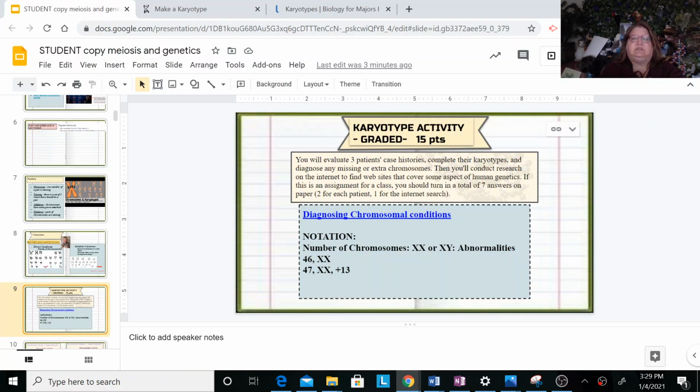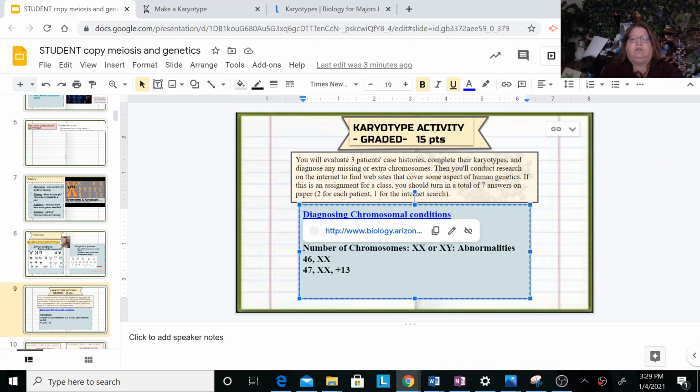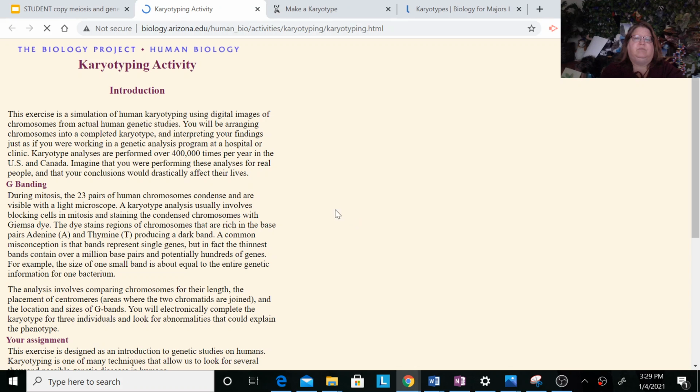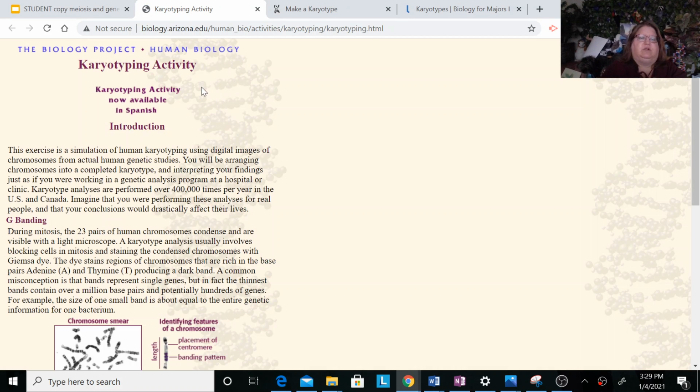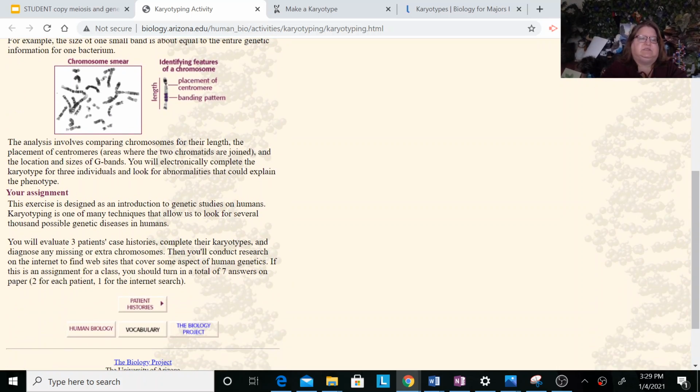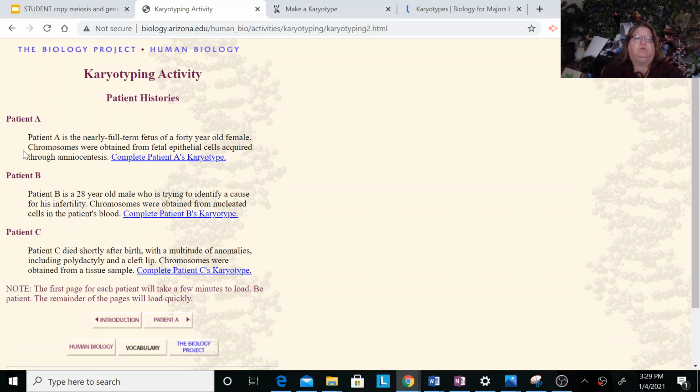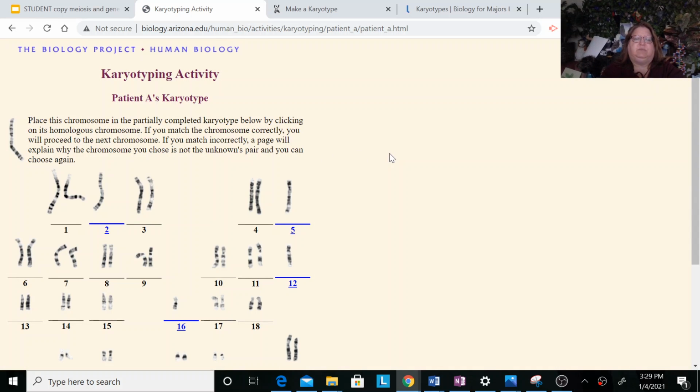So for this activity, you're going to click on the link here. You can read over your introduction. You guys can read it together. You're going to click on patient histories, and you'll read through each patient, and then you'll complete patient A and patient B and patient C. The way to do this is they've given you a chromosome over on the left, and you want to find which one it matches.